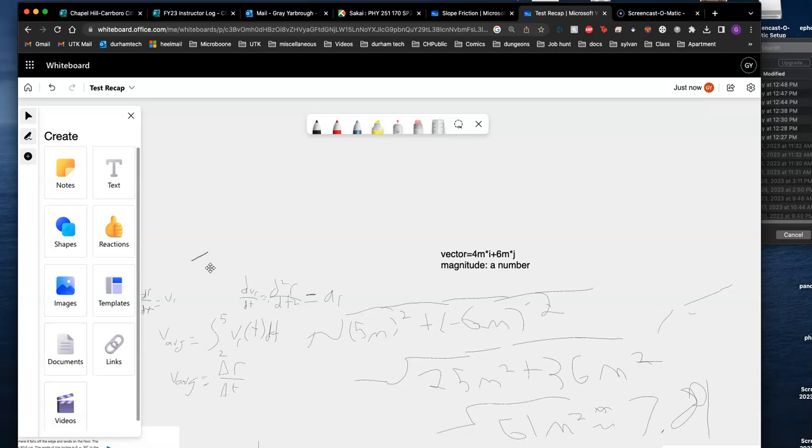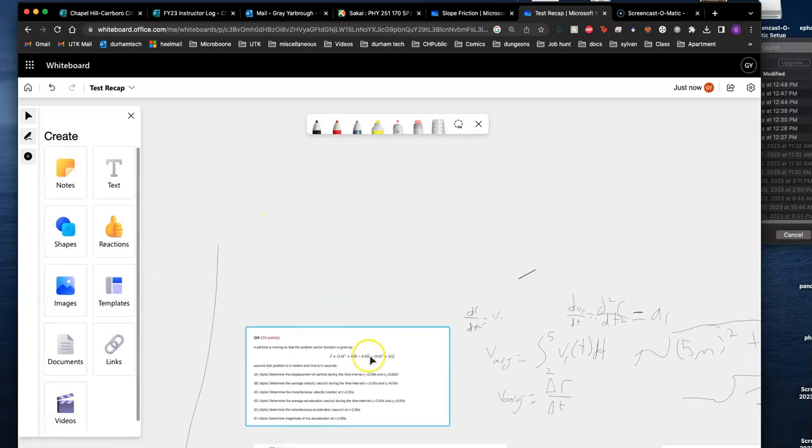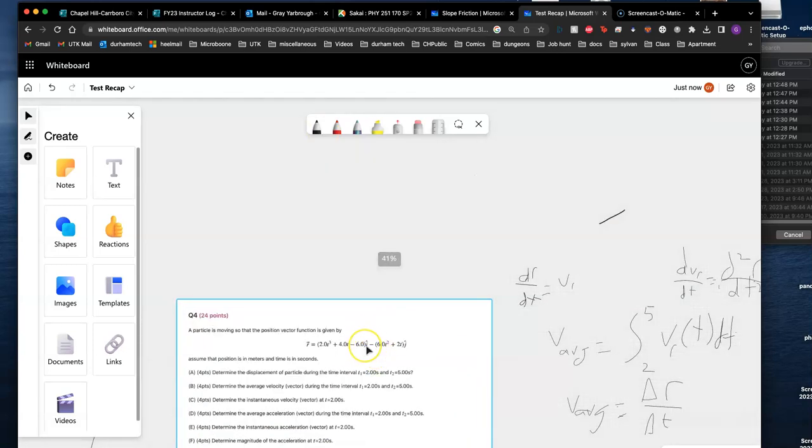But the other thing that I saw trip people up was the vector versus magnitude. So a vector has two directions. We can imagine little carets on top of i and j the way they are here. So it has a direction that we've designated i, oftentimes that'll be x, and it has a direction we've designated j, oftentimes that will be y.